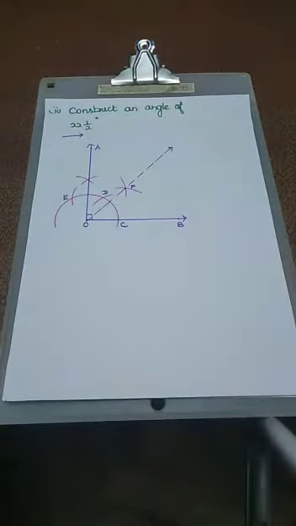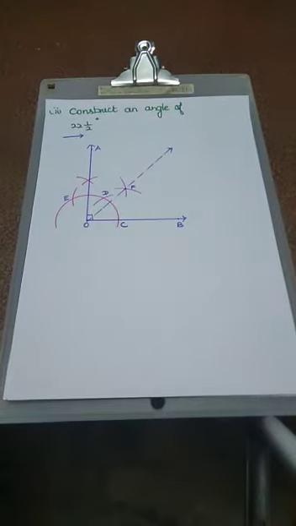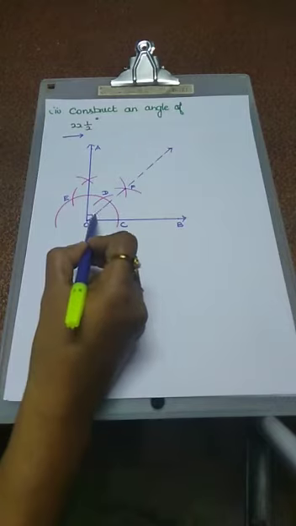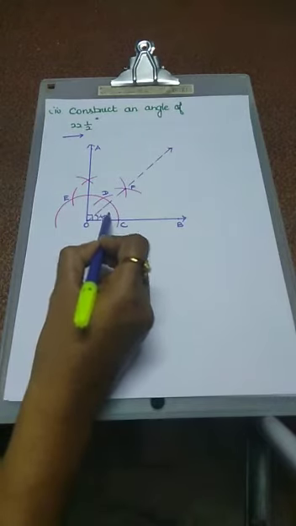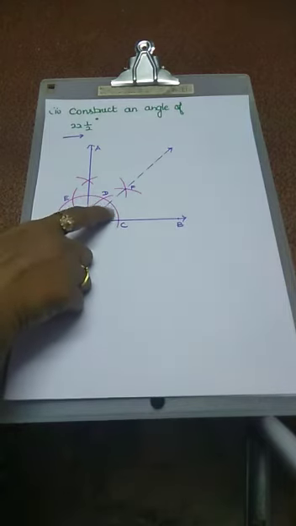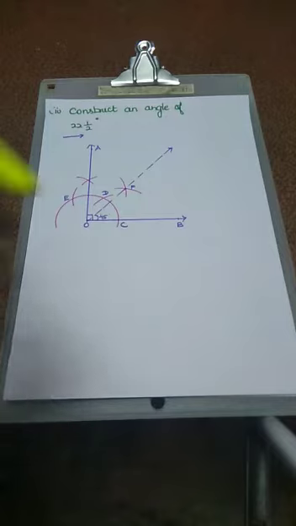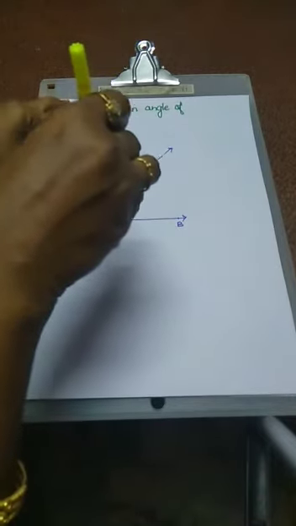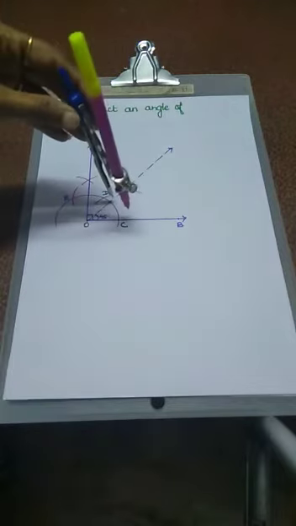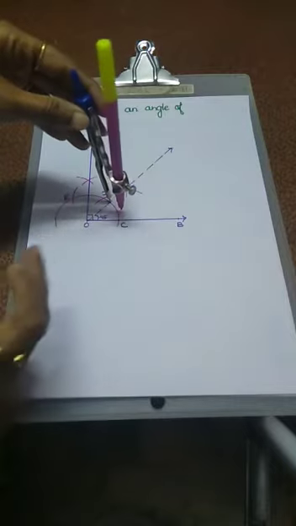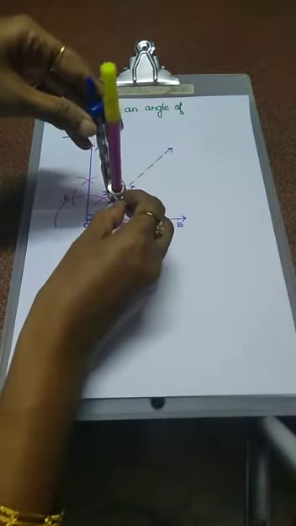This OF ray bisects the angle AOB into two equal parts. So this is 90-degree, means this value is 45-degree. But we need here 22.5-degree. So this value is 45-degree. Now we have to divide the angle. So the same measurement, we have to choose more than half of the arc value.